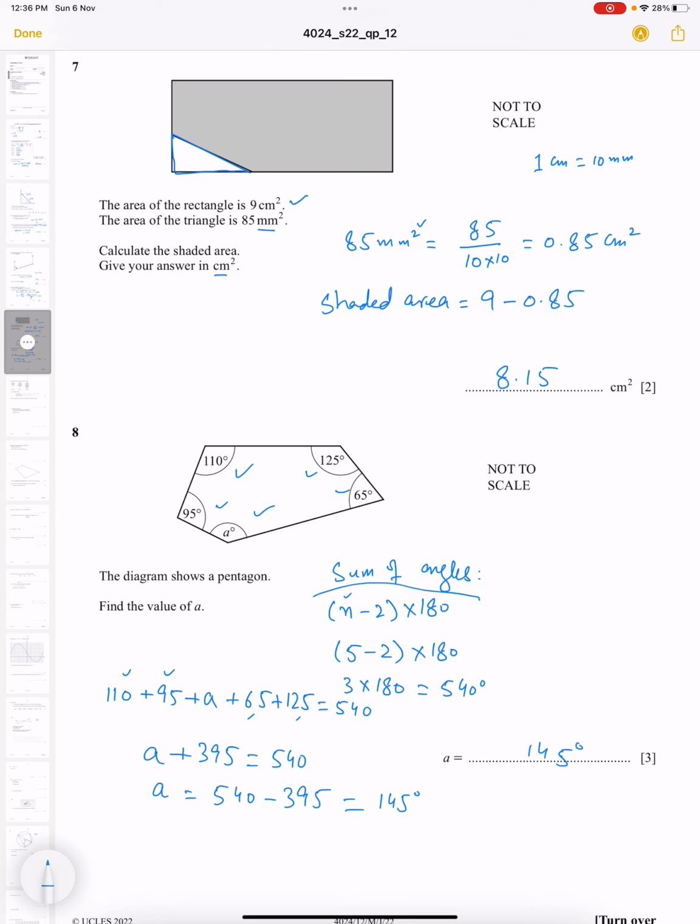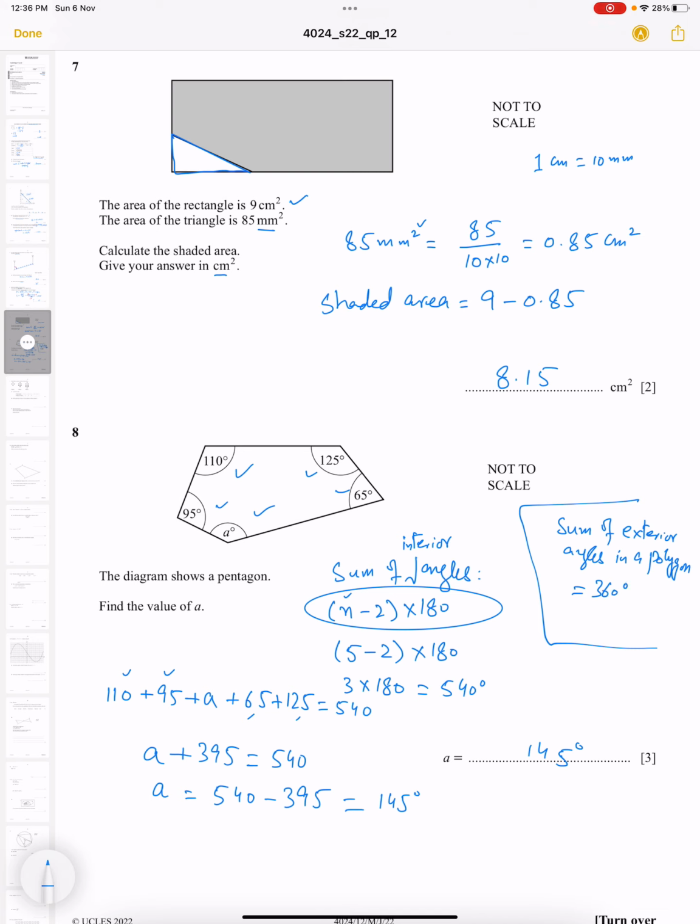This is the formula which is the key to solve this question, and you are required to know how to find the sum of interior angles of any polygon. Additionally, you should also know, as additional information, that the sum of exterior angles in any polygon is always equal to 360 degrees.